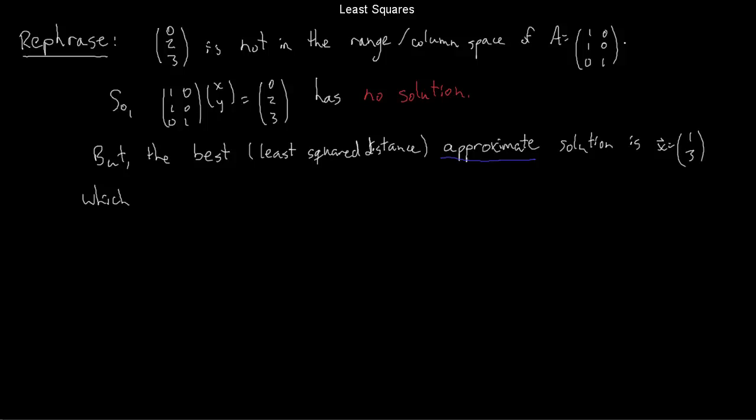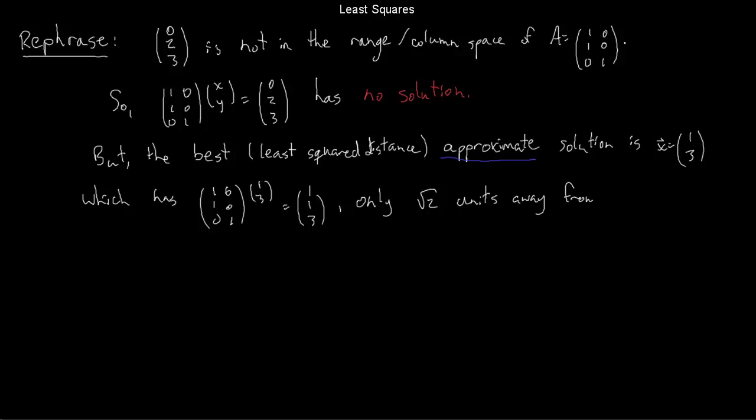And you find that multiplying this matrix times this vector, A times 1, 3, if you multiply that out, 1, 1, 0, 0, 0, 1 times 1, 3, gives you 1, 1, 3. That guy is your nearest member of the column space. And it's only root 2 units away from 0, 2, 3.